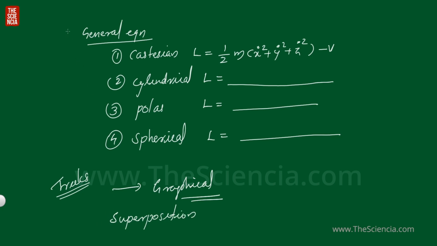So first I told you how to construct a Lagrangian purely from equations. That is the general equation we know. For the Cartesian coordinate system, this is L, and we know it for other coordinate systems also. And right now I am going to solve the problem using the superposition method. That is a tricky method.